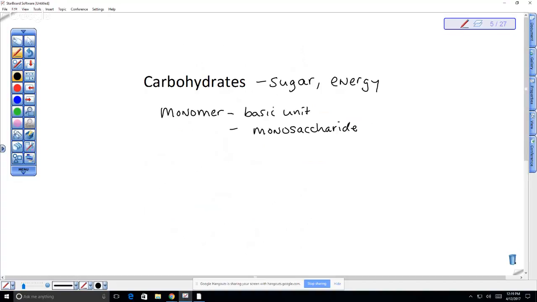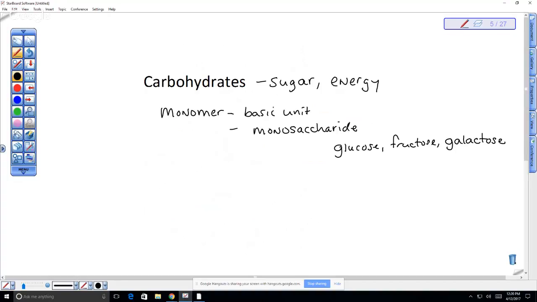Is that a sugar? Yeah, but what is it like if I said she had a very saccharine personality? Sweet. Sweet, right? So that means sweet. So that's a single sugar, okay? So that's the monosaccharide. Some examples of monosaccharides that you are familiar with are glucose, fructose, which is like fruit sugar, galactose is another one.